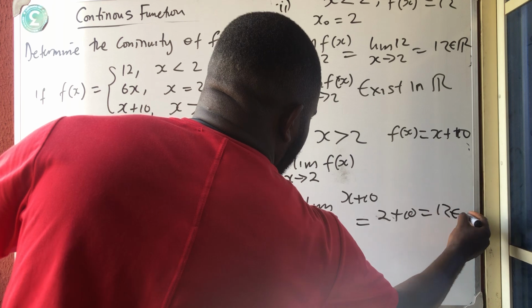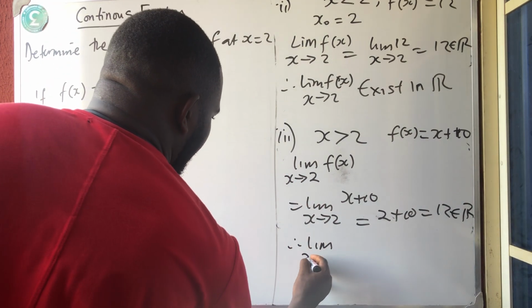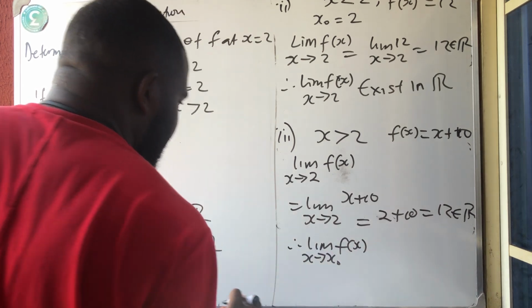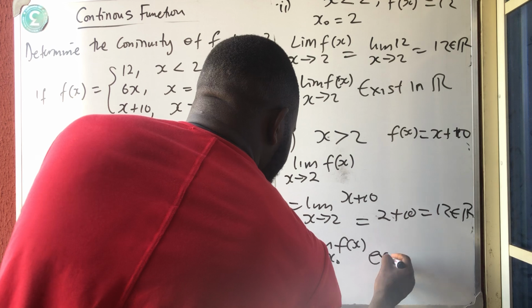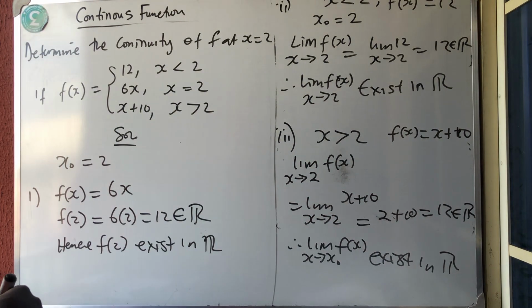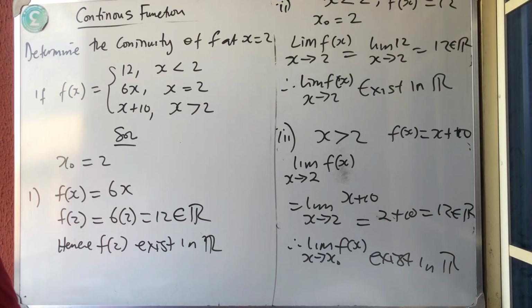And 12 is an element of a real number. Therefore, the limit of x tending to x naught of f of x exists in R.